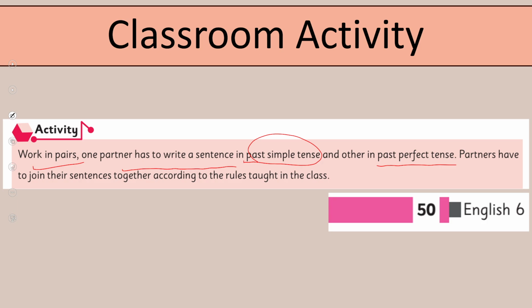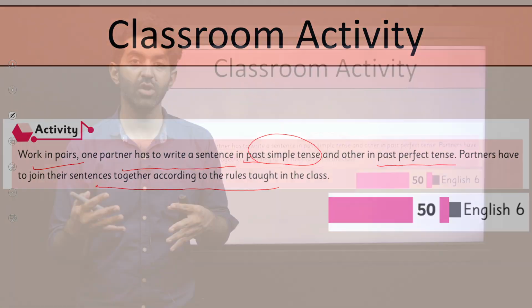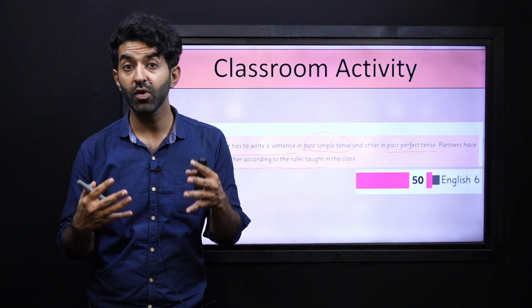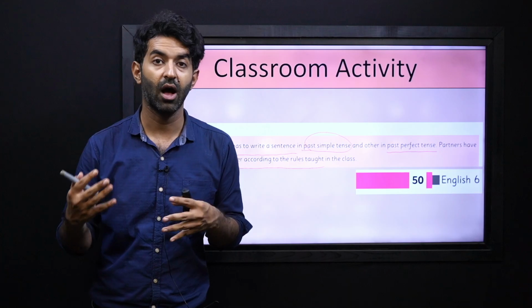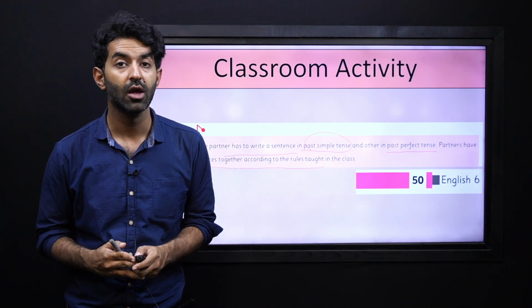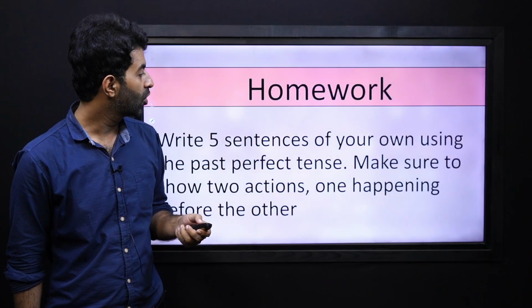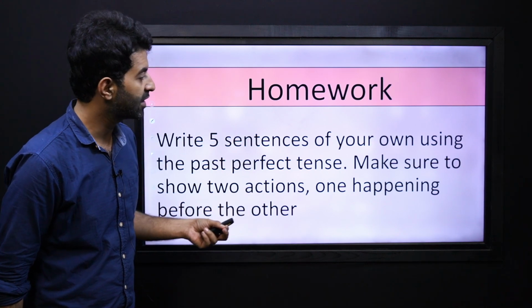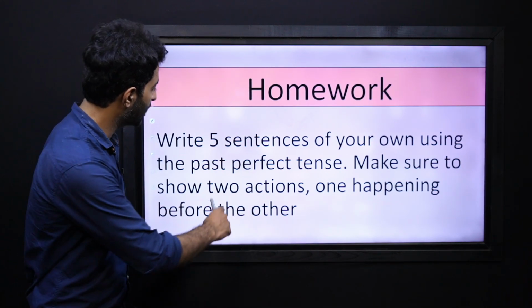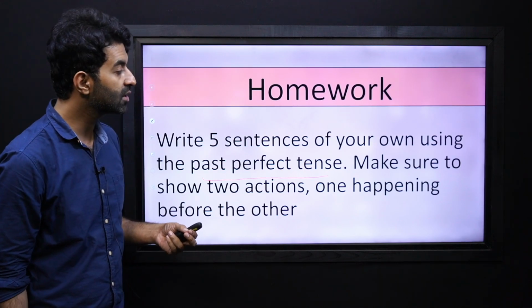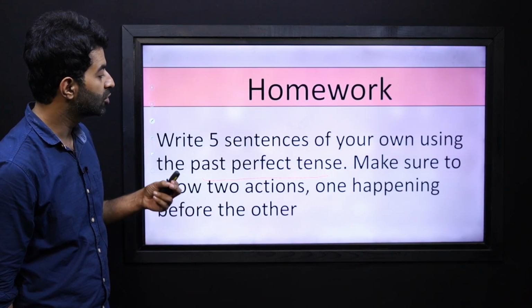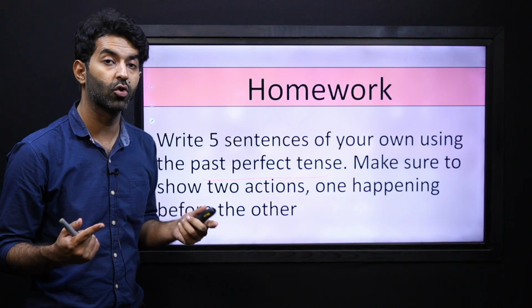Now partners have to join their sentences together according to the rules taught in the class. See how they are working in the past simple and how they are working in the past perfect tense. Now here's your worksheet that you're going to solve for your homework. You have to write 5 sentences of your own using the past perfect tense that we have learned in this lesson. Make sure to show 2 actions, one happening before the other.